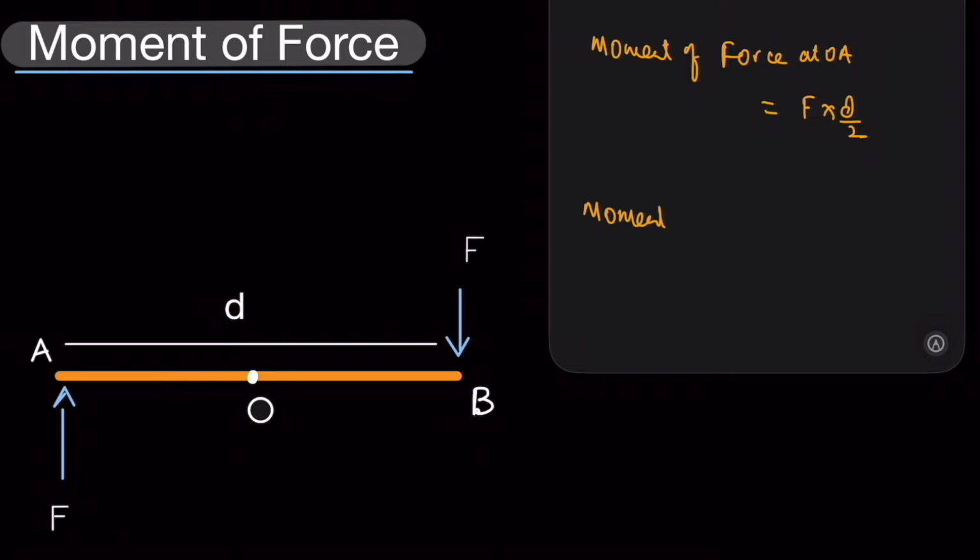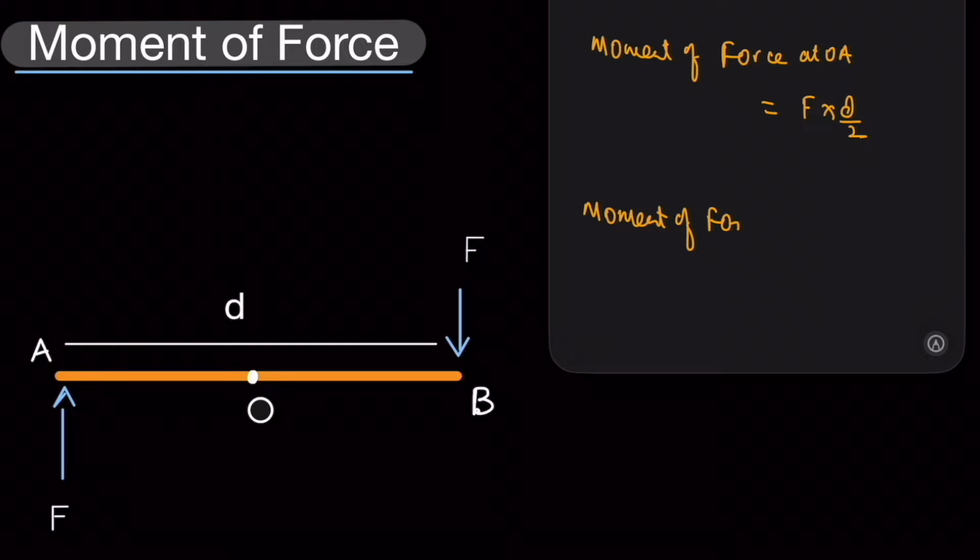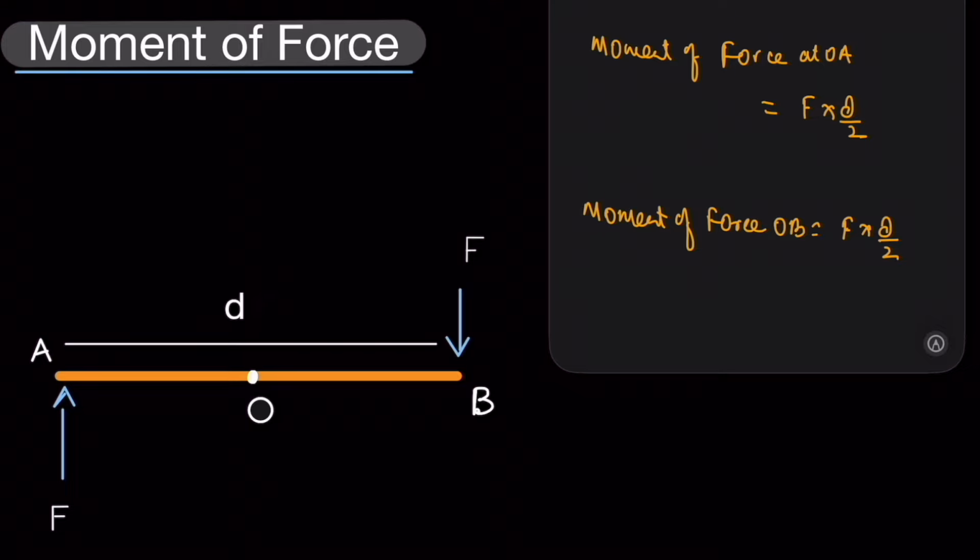Similarly, the moment of force for OB is equal to F into d by 2. This part is also d by 2. As I told you, clockwise direction is considered negative and anti-clockwise is considered positive.